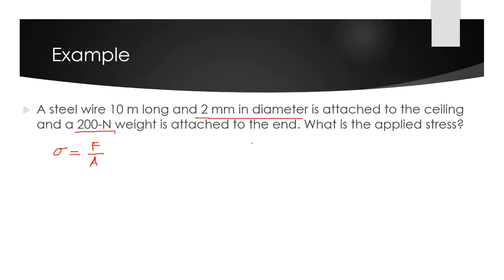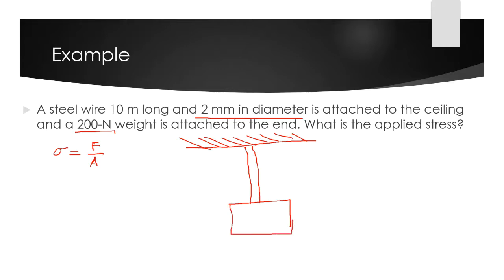So if we would draw that one, we can say that this is the ceiling and we have our 10 meter long steel wire that is attached to the ceiling, and we have the weight that is attached to the end of the steel wire. So let's say this is our weight or the force acting to our wire, which is 200 Newton.